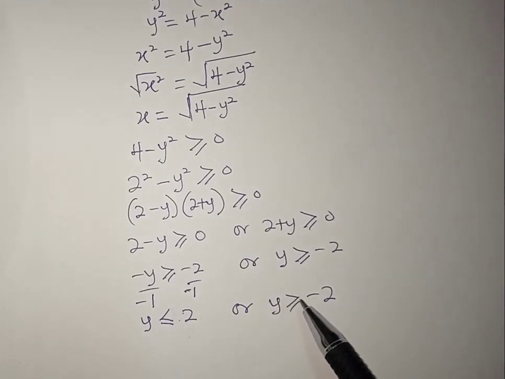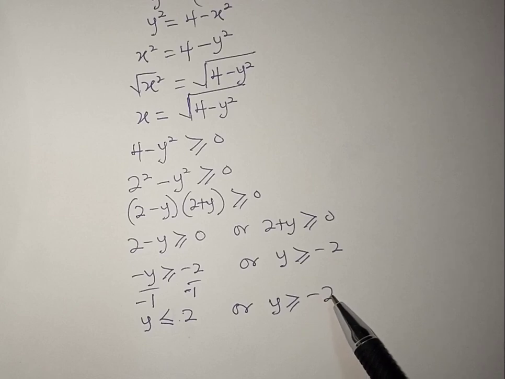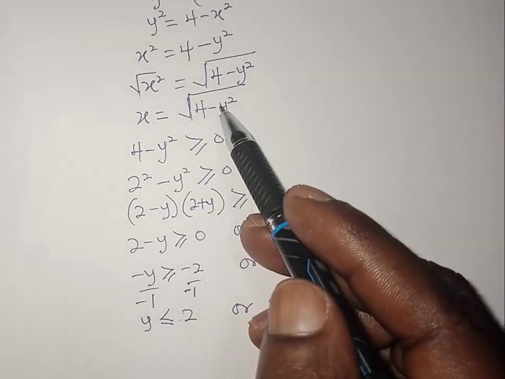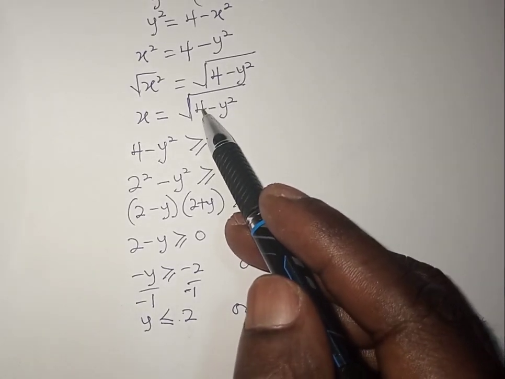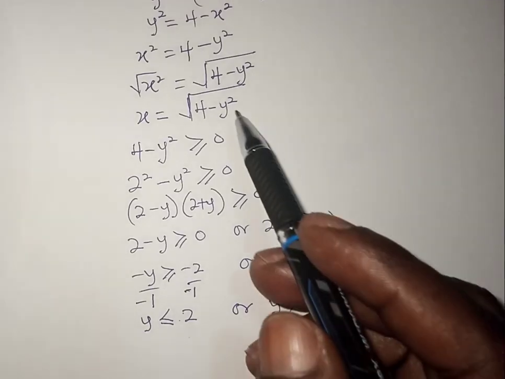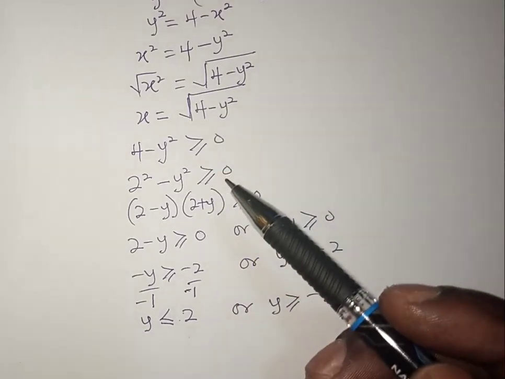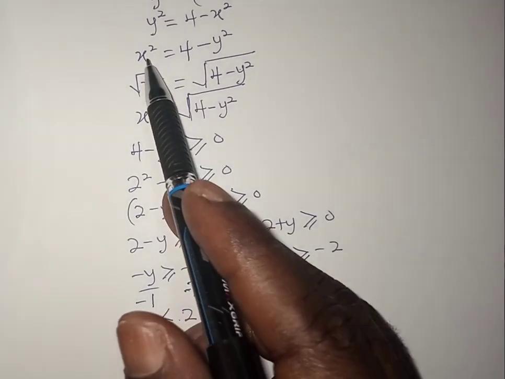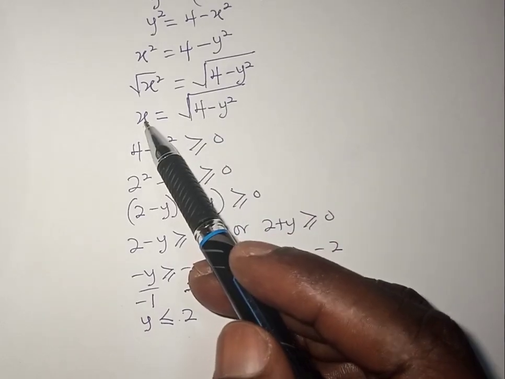Here we are also talking about numbers that are greater than or equal to negative 2. What if I pick negative 2 and put it here? Yes, that one is also defined. What about negative 1? It's also defined. So you realize that both conditions or solutions make x defined.